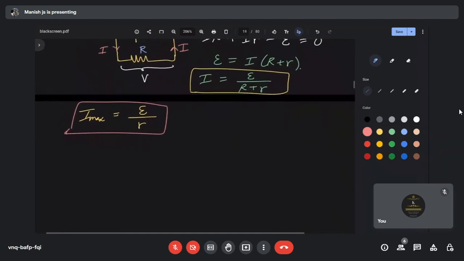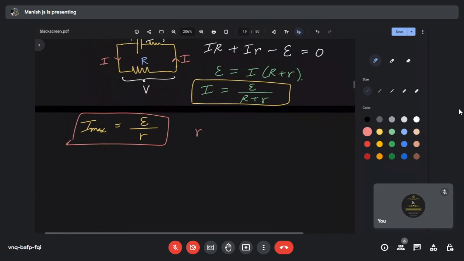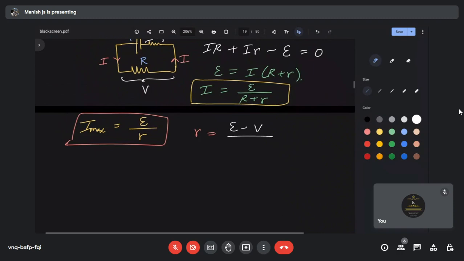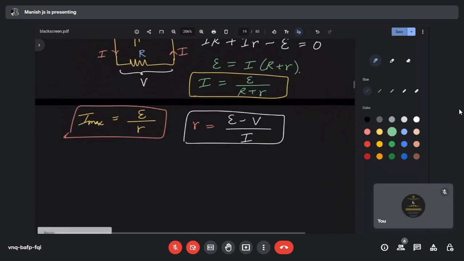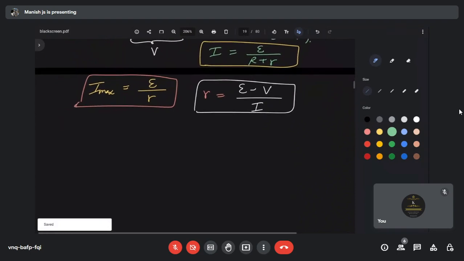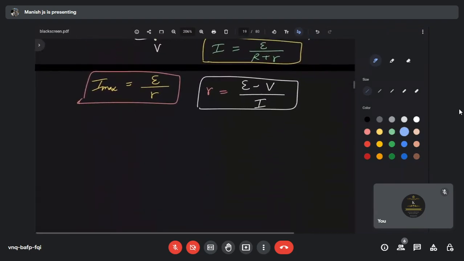So these are the important things that you will have to know. Same way you can write it for internal resistance also. The formula will be E minus V upon I. So you do a rearrangement and simplify it, you will get this. So this is another formula. Okay, simple. So this is the 19th one, and then 20th.